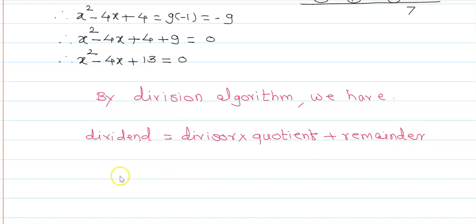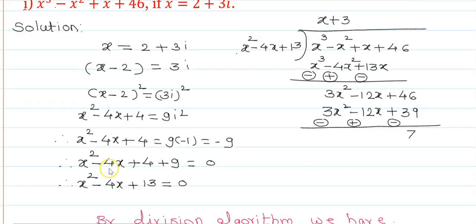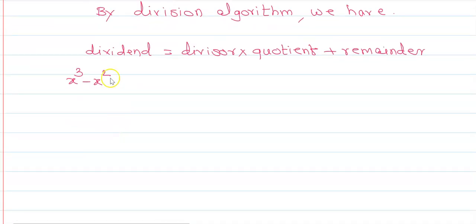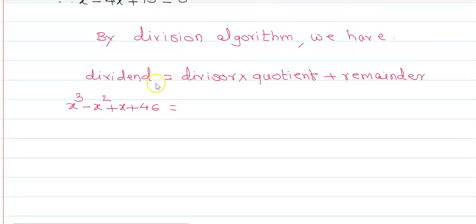Okay. Now, what is the dividend? Dividend is x cube minus x square plus x plus 46. What was the divisor?